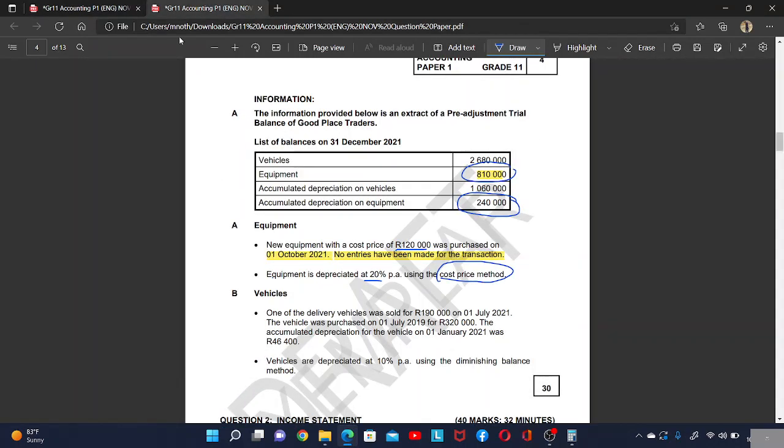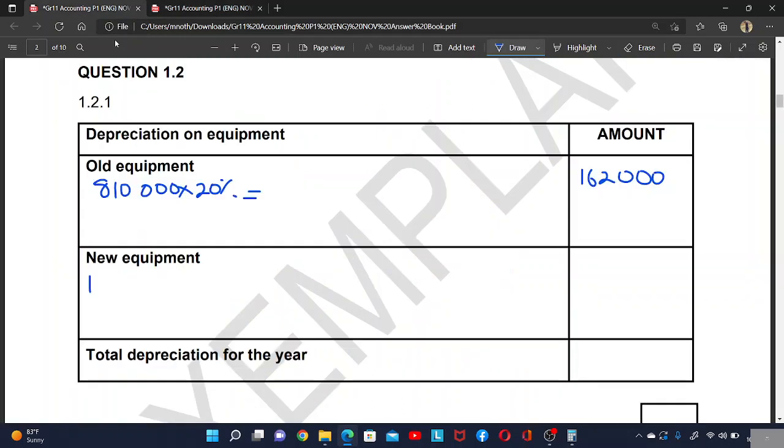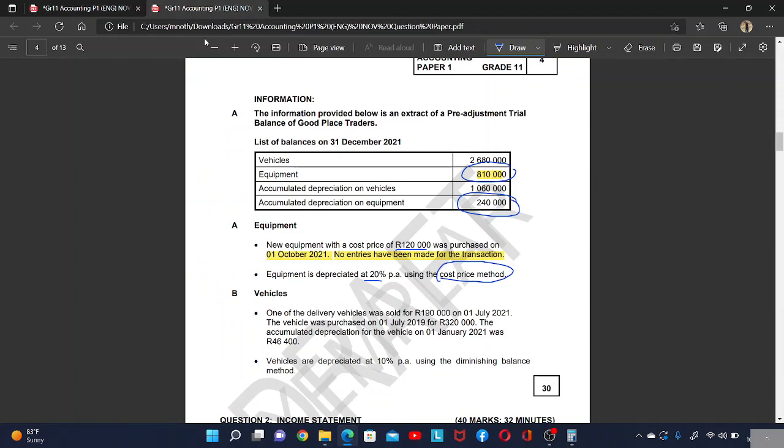Then the new equipment, with the cost price of 120,000, times the 20%. This equipment was purchased on 1 October 2021, meaning it stayed for 3 months in this year because our year ends on 31 December 2021.